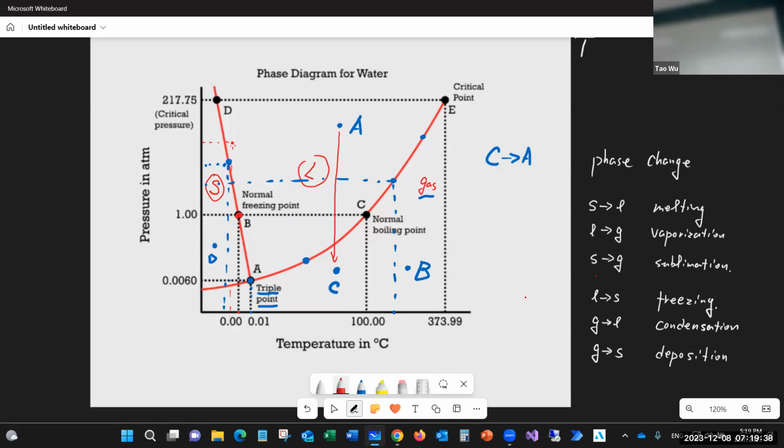So once it's open, the pressure is suddenly released. Then it goes from liquid to gas, so the gas comes out. It makes sense, right? So generally, this is how it works.